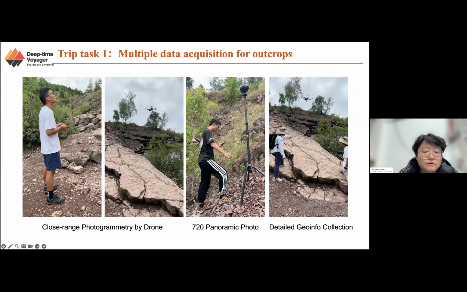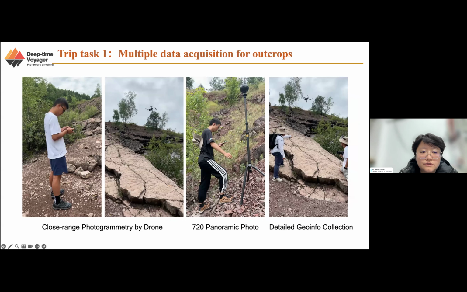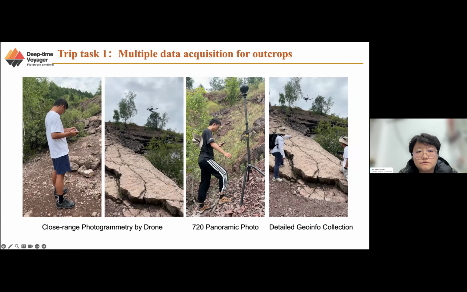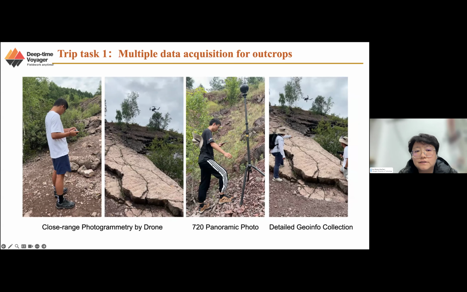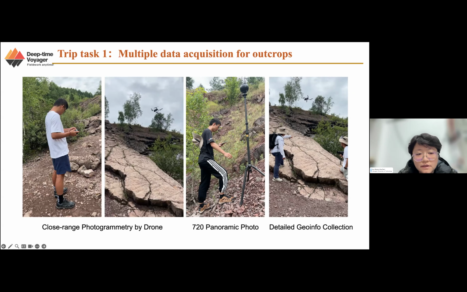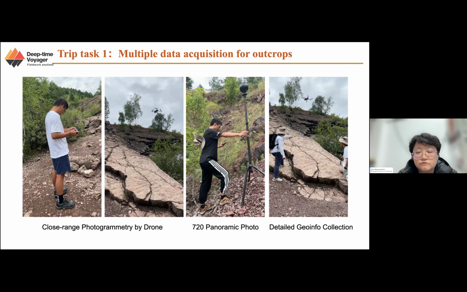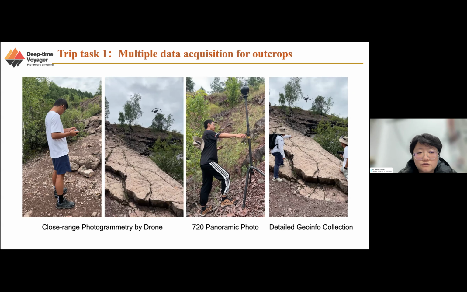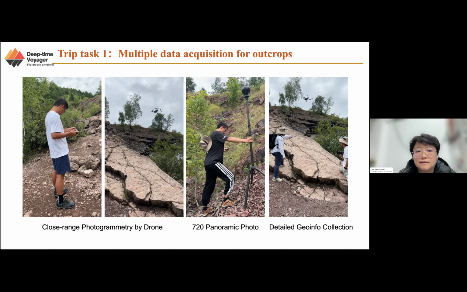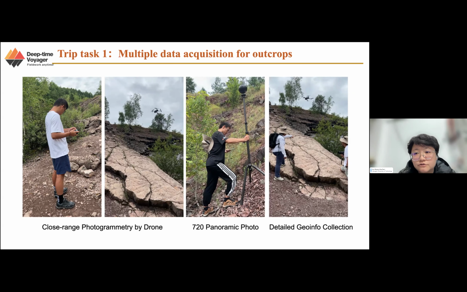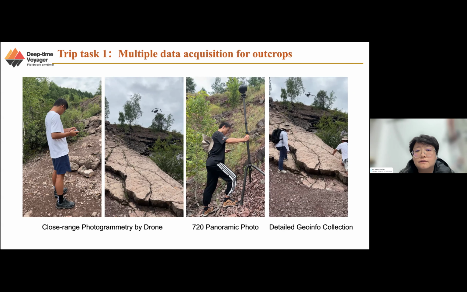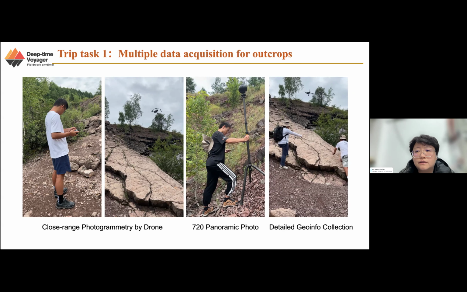So for the trip, normally we use a drone. We use a technique called close range photogrammetry, which is different from traditional photogrammetry. We fly the drone closely to the section and take high resolution photos, and that allows us to make centimeter high resolution models.